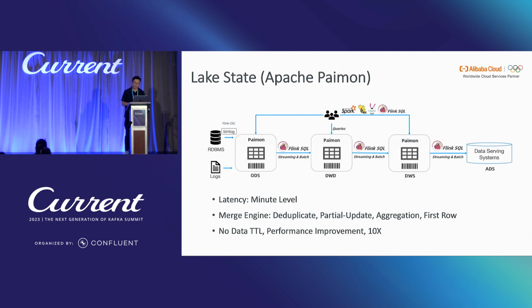It acts just like something like ClickHouse, of course, a lake version. You can use it for deduplication, partial update, aggregation, first row, and it has no time to live. Its performance improvement is very good. But you need to modify your Flink SQL.